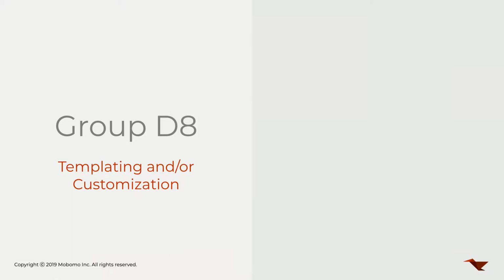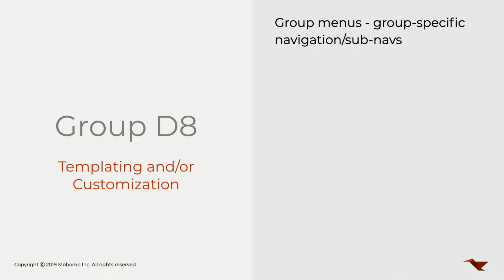Another thing we're going to talk about is templating and customization. We'll start with, you've got to have a menu. You've got to have some sort of navigation for your group. You're going to want to put that somewhere on the page in a specific place. It's going to look a certain way. Maybe you have cool color customization like the Georgia.gov guy that just got out of here.